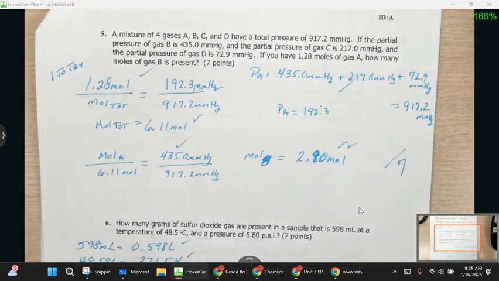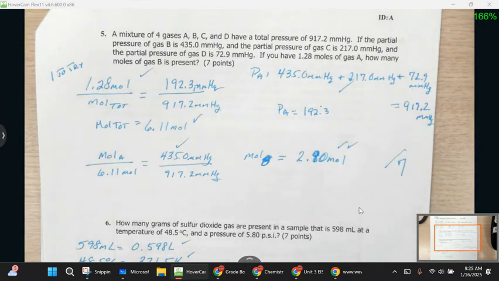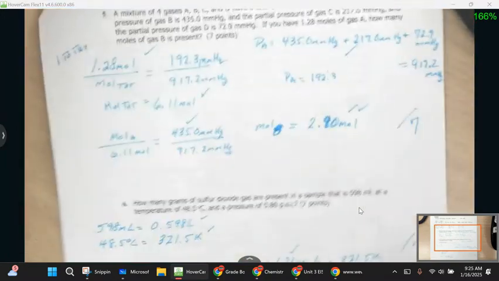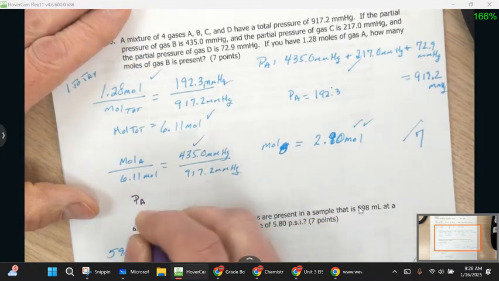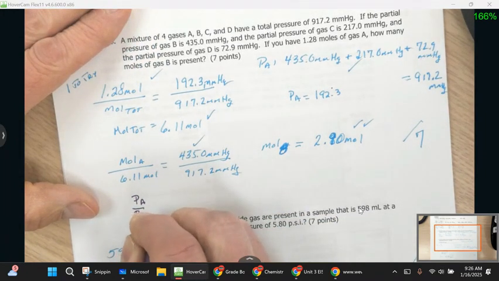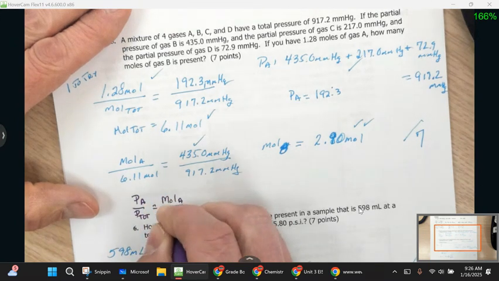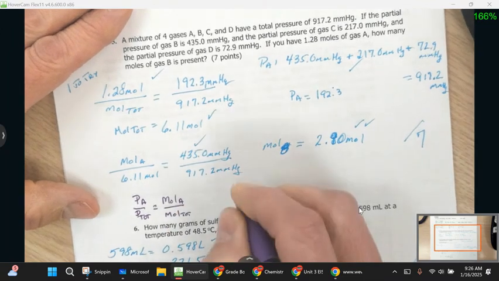Now I do want to show you one other thing you could have used if you understand math really well, ladies and gentlemen. What we're saying in this problem is that the pressure of a gas over the total pressure is equal to the moles of a gas over the mole total. Well, we could have also done this.